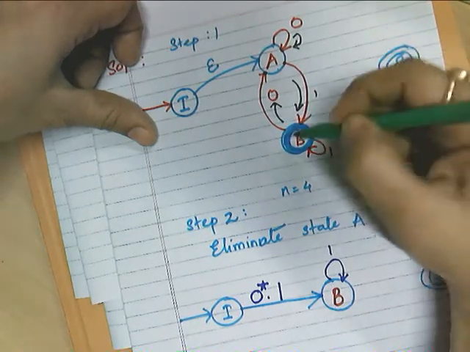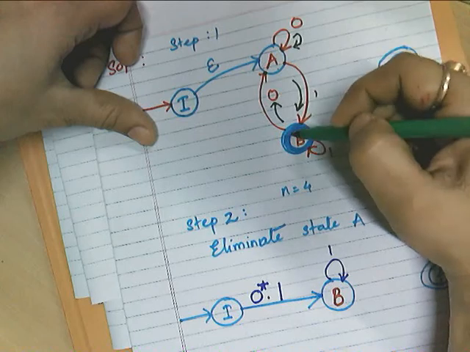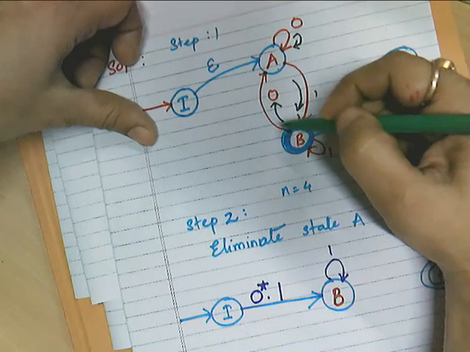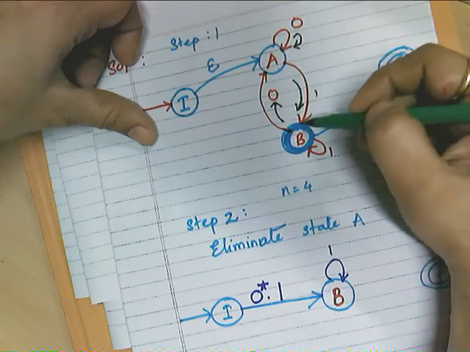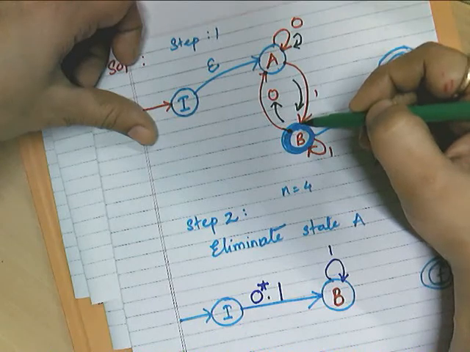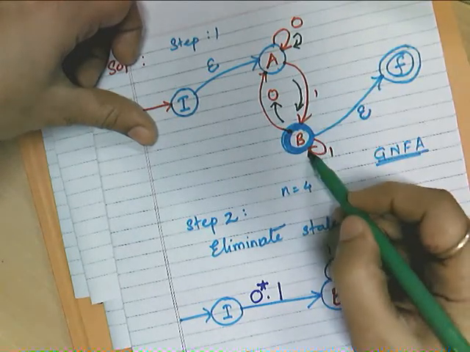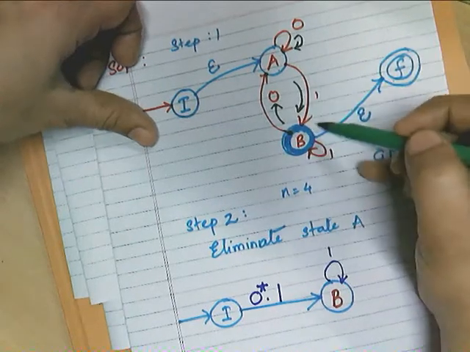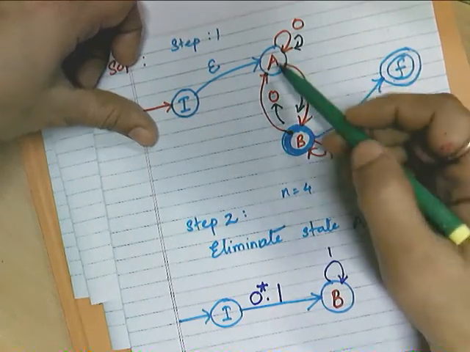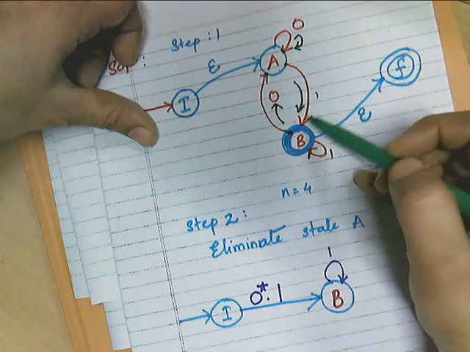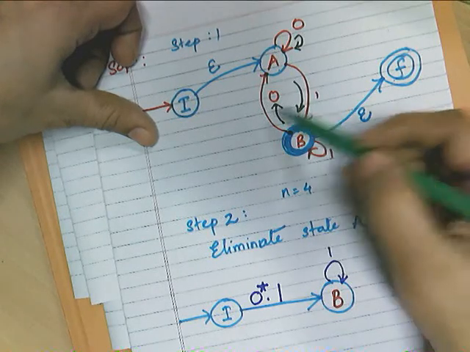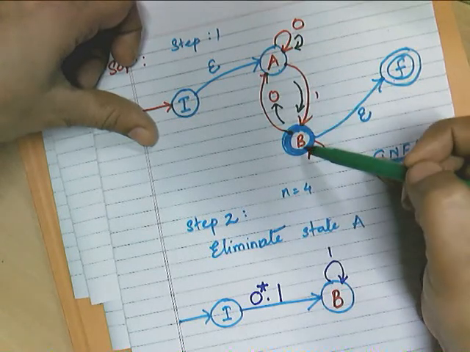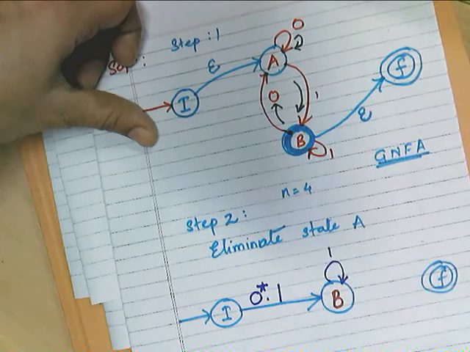So starting from B and coming back to B, this is also a loop, but it is not a self loop, it is a loop via A. So I need to consider all expressions, that particular RE to reach from B to B. So how can I reach?